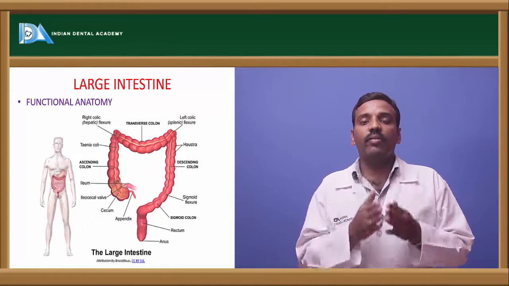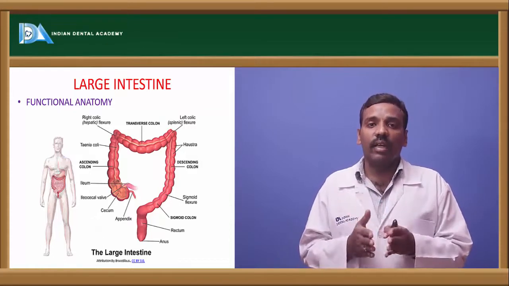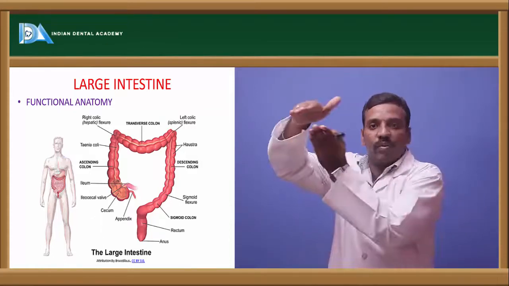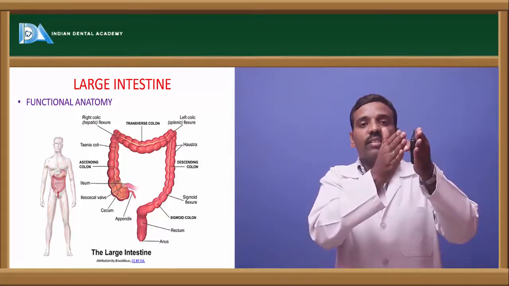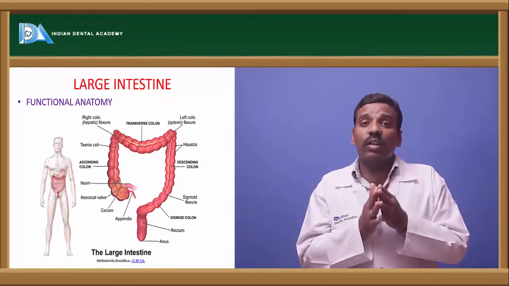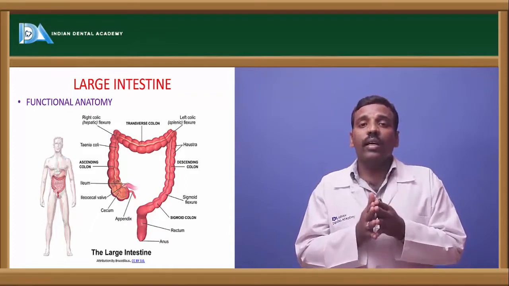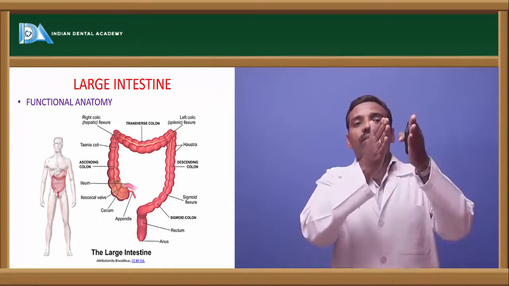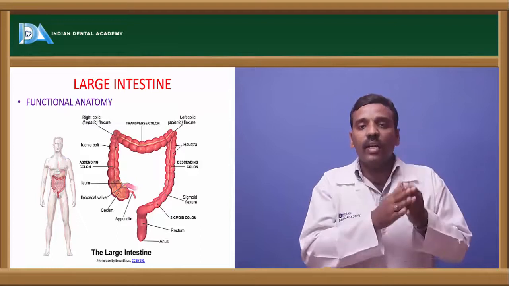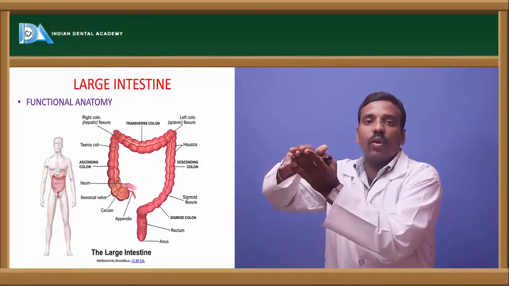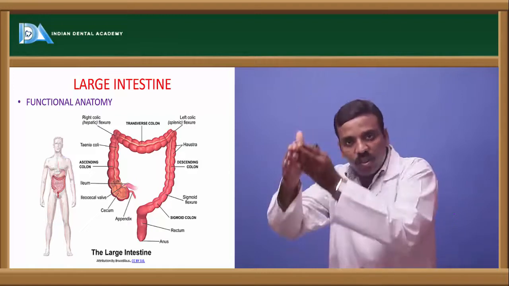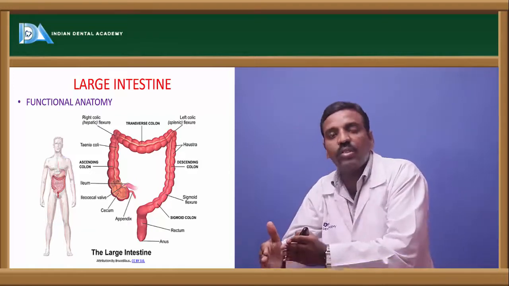Okay, and if you see the parts of the large intestine, we have this type of structure. The large intestine is also called the colon. The ascending part of the large intestine is called the ascending colon, and the transverse part is called the transverse colon, and which descends again, that is called the descending colon.